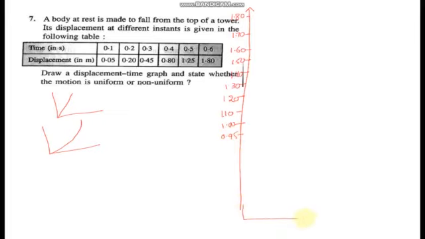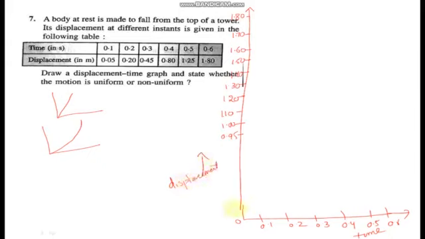So this is the way we have to take, and here we have the time as 0.1, 0.2, 0.3, 0.4, 0.5 and 0.6. We have taken the time on the x-axis and the displacement on the y-axis.